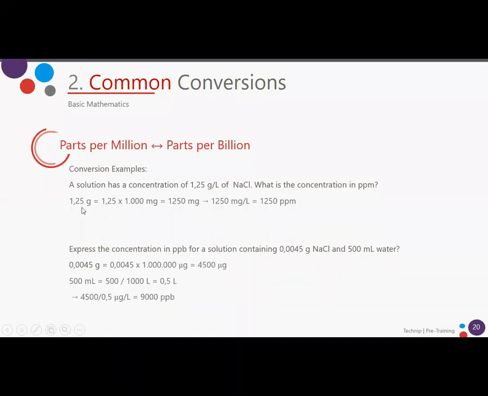So 1.25 grams will get us 1,250 milligrams, which is then 1,250 milligrams per liter, which is 1,250 ppm. As you say, we multiply by 10 to the power of 6 if we want to convert to ppm.